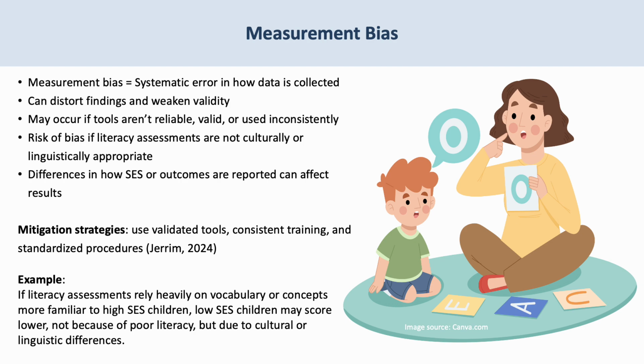For our particular study example, we could also consider using alternative assessments or parent-reported measures that are accessible to families across different backgrounds. So minimizing measurement bias also helps to ensure that our findings reflect true differences in development, not differences in how the data were collected.